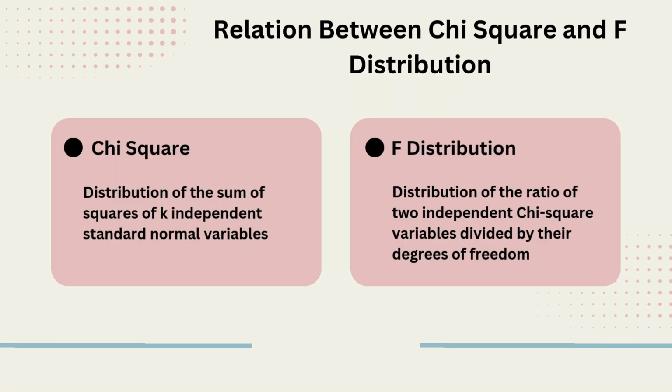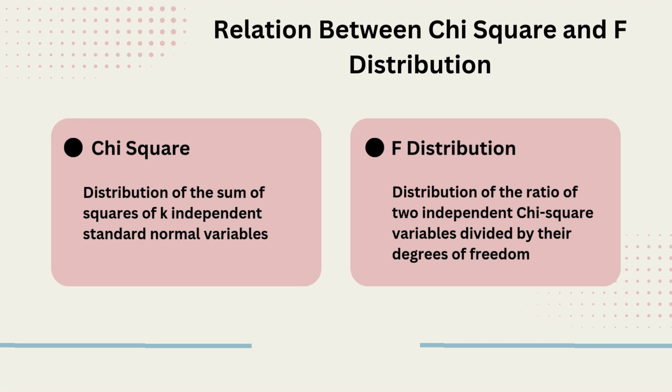And a relationship between chi-square and F distributions. To better understand the F distribution, it is important to note its relationship with the chi-square distribution. The chi-square distribution is formed by taking the sum of squares of independent standard normal variables.